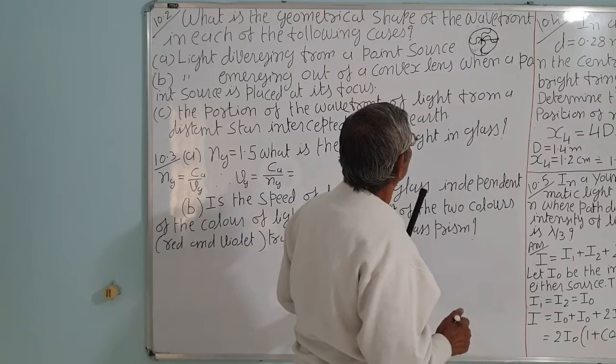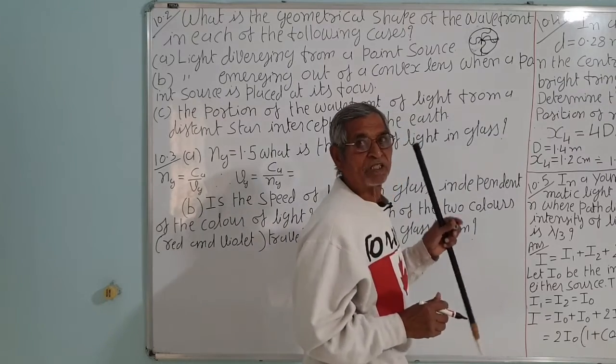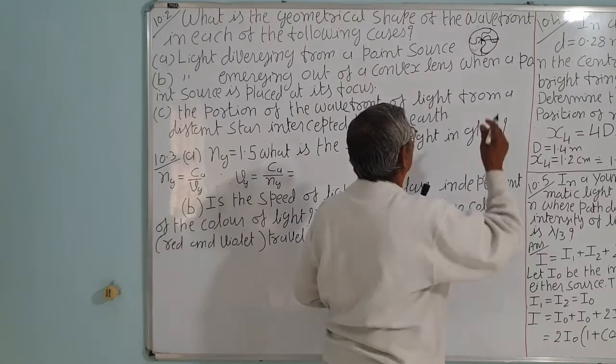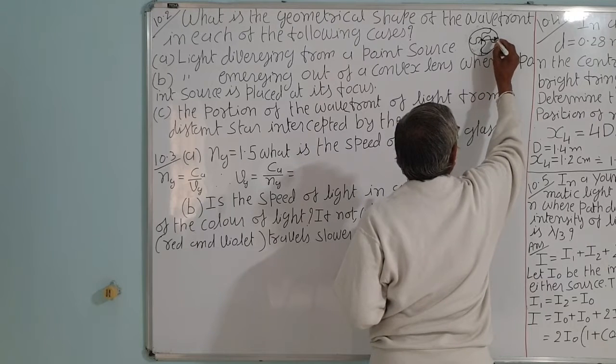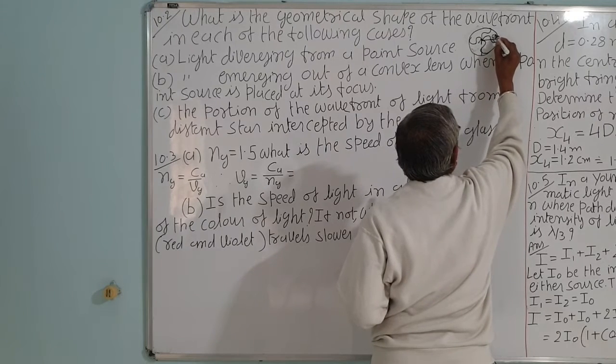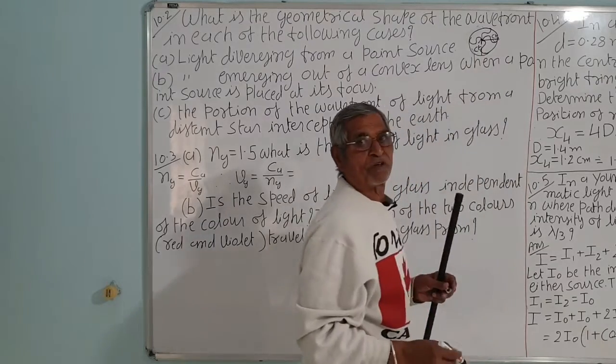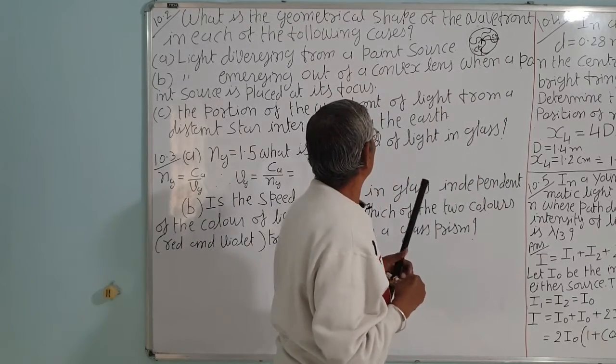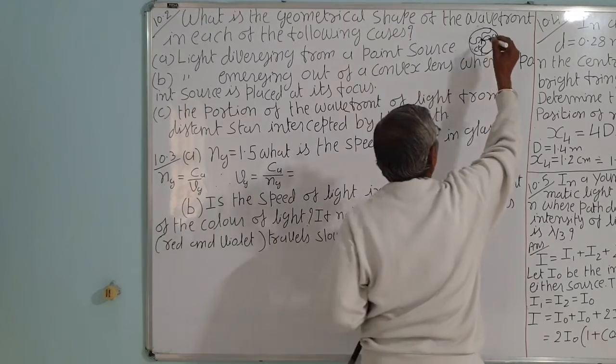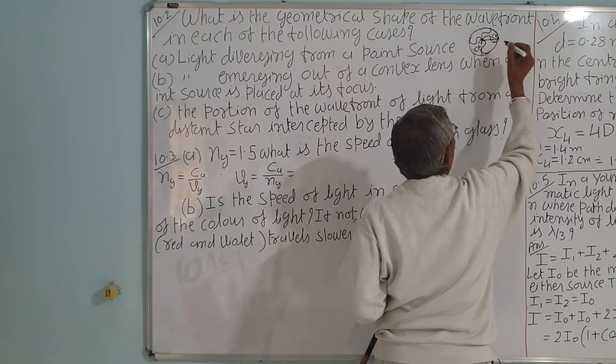All distances are the same. This is not an exact figure, but distances are the same because the medium is the same. Suppose this travels in time t a distance ct. They all travel a ct distance. c is the velocity of light in air. Suppose it is in the air. So they will be spherical. The wavefront will be spherical in shape.